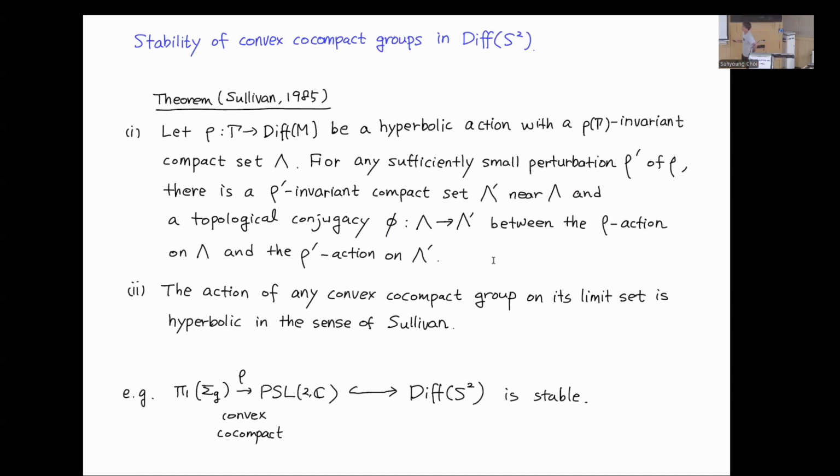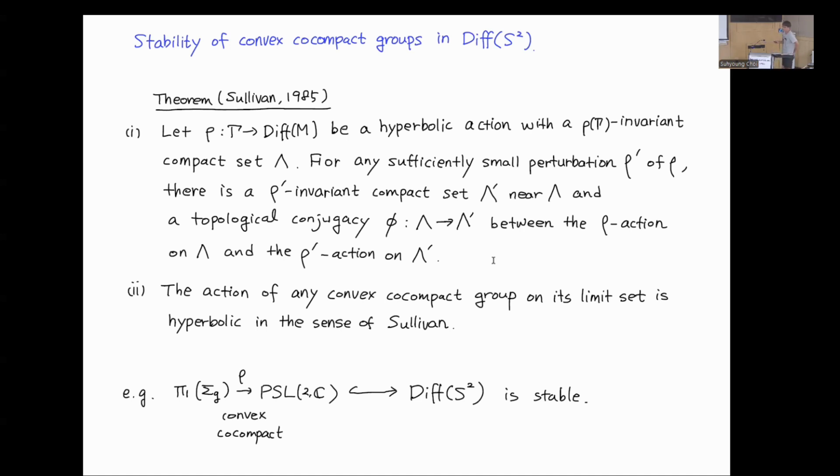So that means that if you have some hyperbolic action on some compact C1 manifold M, with some action-invariant compact subset lambda, so that it satisfies the expanding action and the M-parallel traveling property, then for every sufficiently small perturbation rho prime of the action rho, there is a rho prime-invariant compact subset lambda prime nearby lambda, and a topological conjugacy phi from lambda to lambda prime.